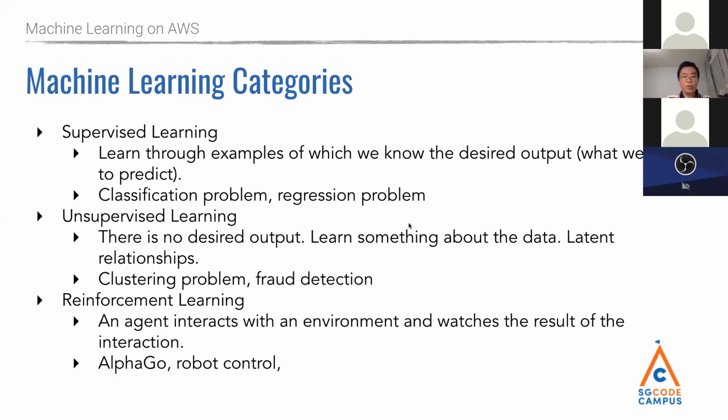Also, robot control, which is a very dedicated control that make robots act like humans. Okay, so this kind of learning, they have an agent, and they train the agent to interact with environment and watch the results of interaction to learn how to react to each state.